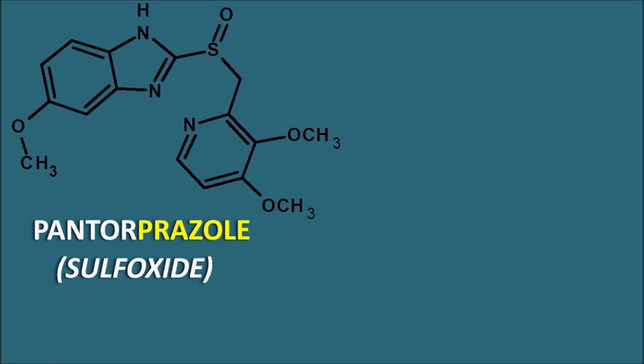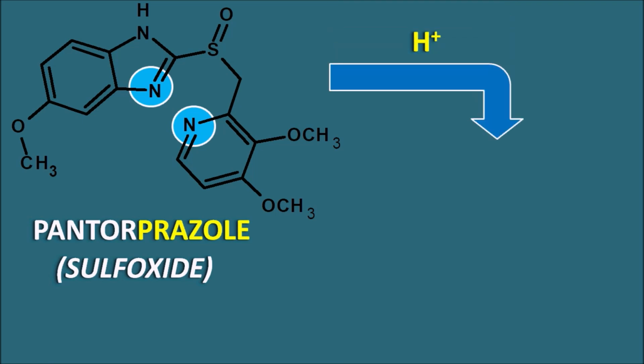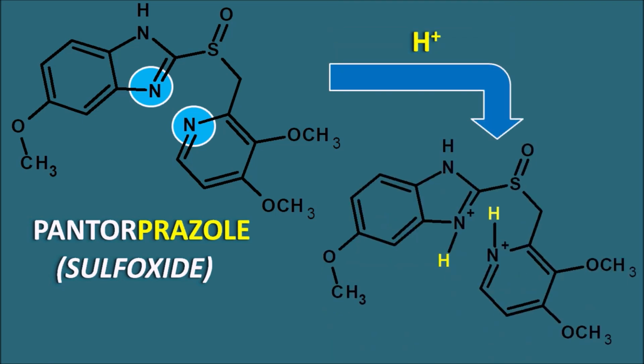And this structure has two nitrogens here, one nitrogen and another nitrogen, which can be easily attacked by the protons in the acidic environment. So within the acidic environment, pantoprazole can undergo protonation at these two nitrogens and protons can be added. This protonated pantoprazole can undergo a rearrangement reaction where a few of the bonds are broken and a few of the bonds are formed so that it produces an active metabolite.